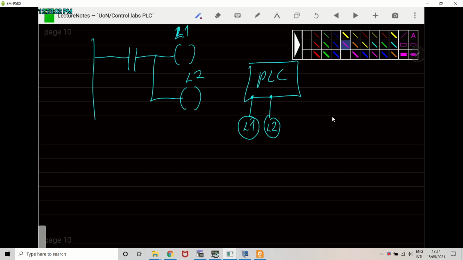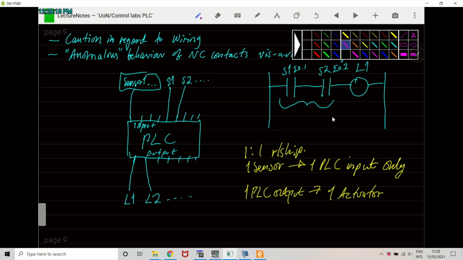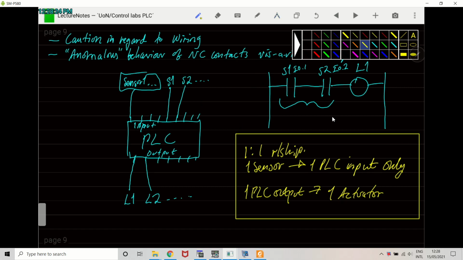So don't have a connection here like this because you're seeing this connection here. In the lab we found that happening many times, but that's not the case. So just keep in mind that rule of thumb, and this should be kept in mind in the lab.